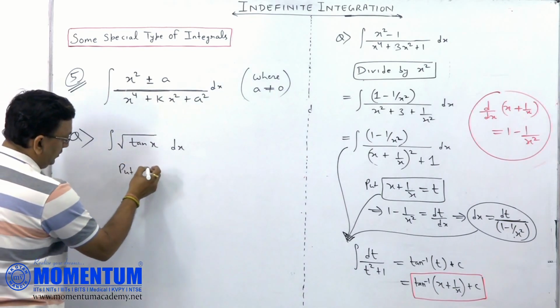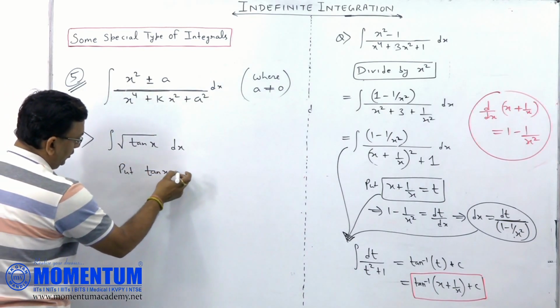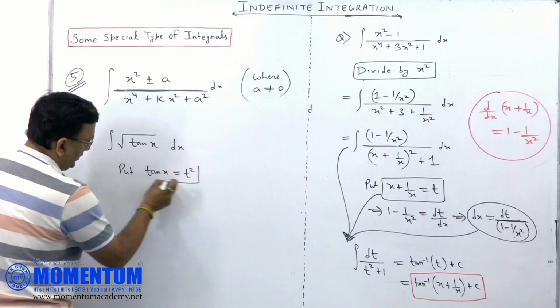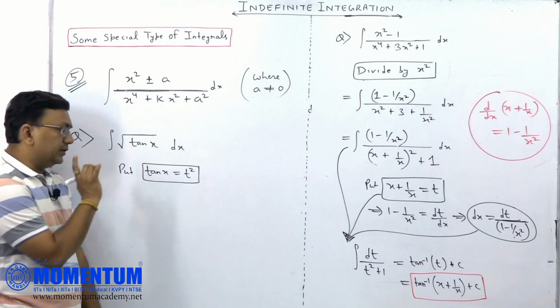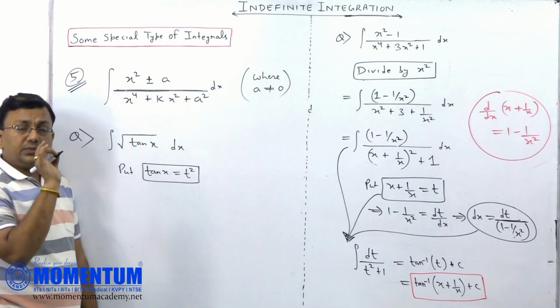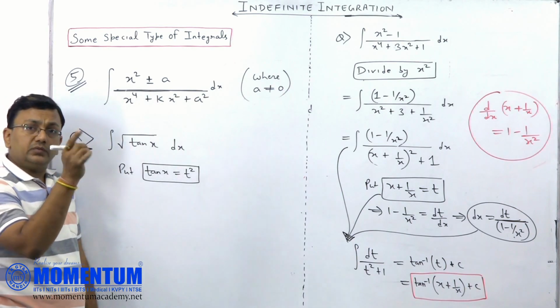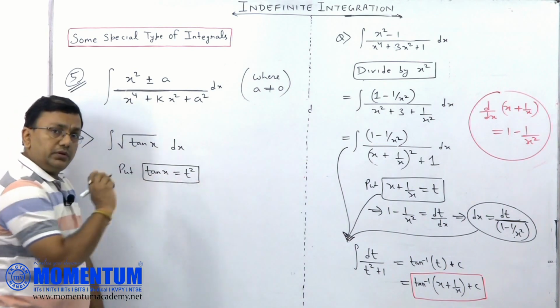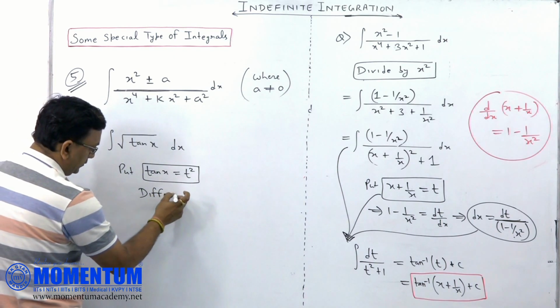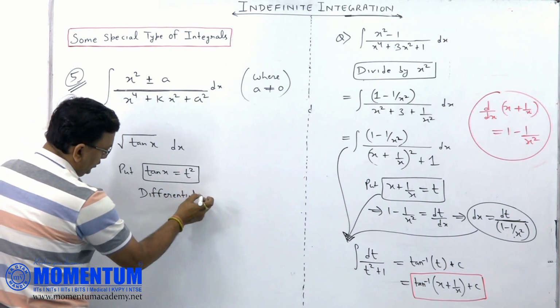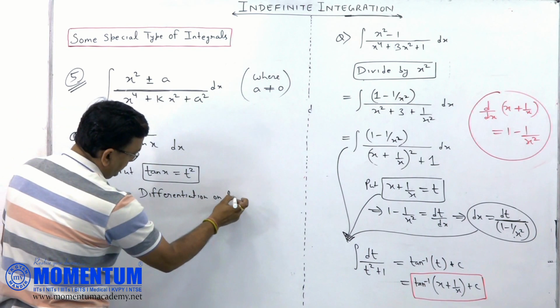आई एम स्टार्टिंग द प्रॉब्लम मेकिंग द सब्स्टिट्यूशन tan of x equal to t square. राइट. मैंने आपको बोला था कुछ भी ना समझ में आए तो सब्स्टिट्यूशन कर दिया करिए जिससे अंडर रूट खत्म हो जाए. So tan of x equal to t square. Now differentiation on both sides.